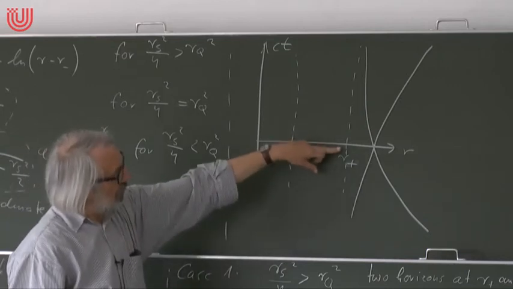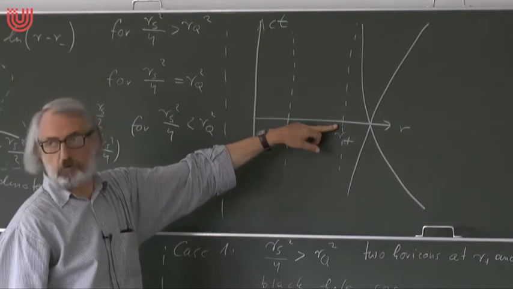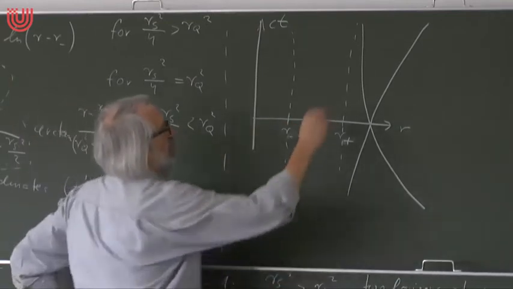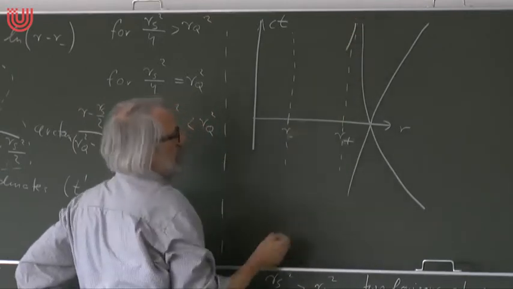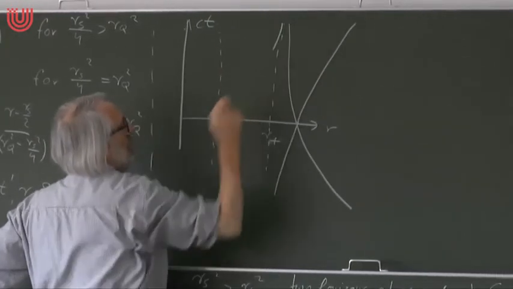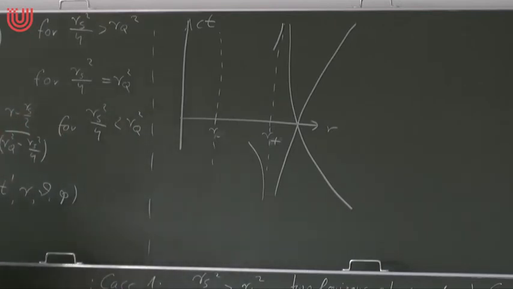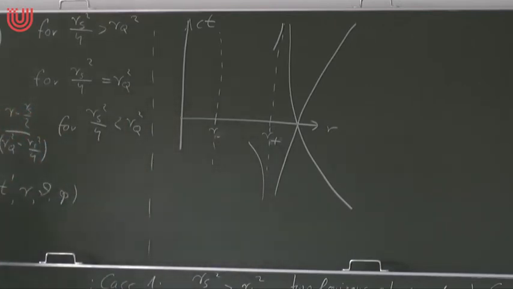This horizon r plus has very similar properties to the Schwarzschild horizon. And when we think of the Schwarzschild case, we know that inside the horizon, the first family, which approaches infinity here, comes down, and the other family comes up. And in the case of Schwarzschild, this then just proceeded towards the singularity.